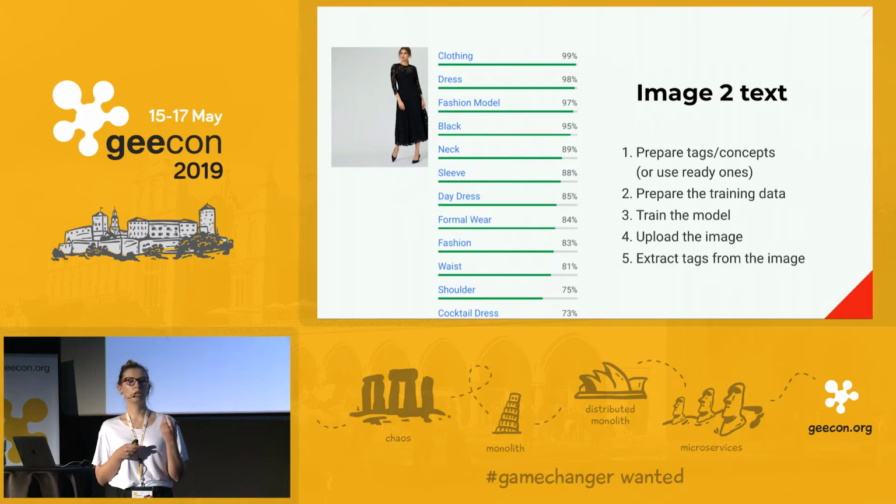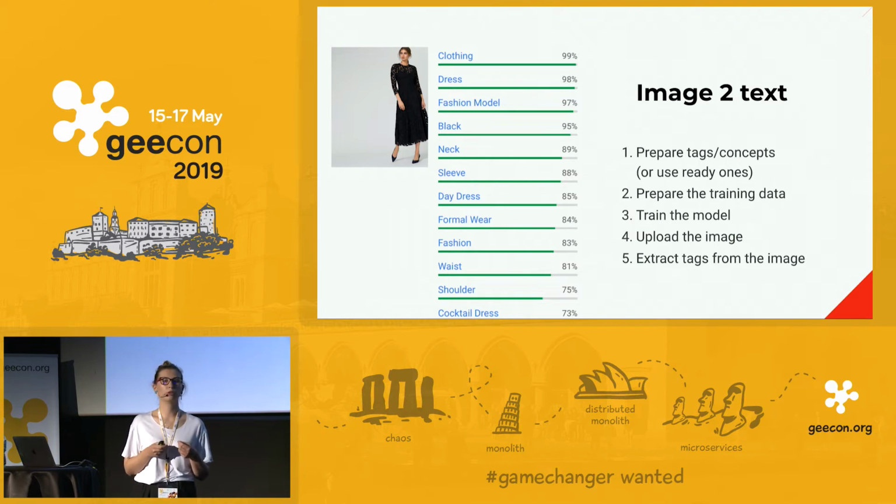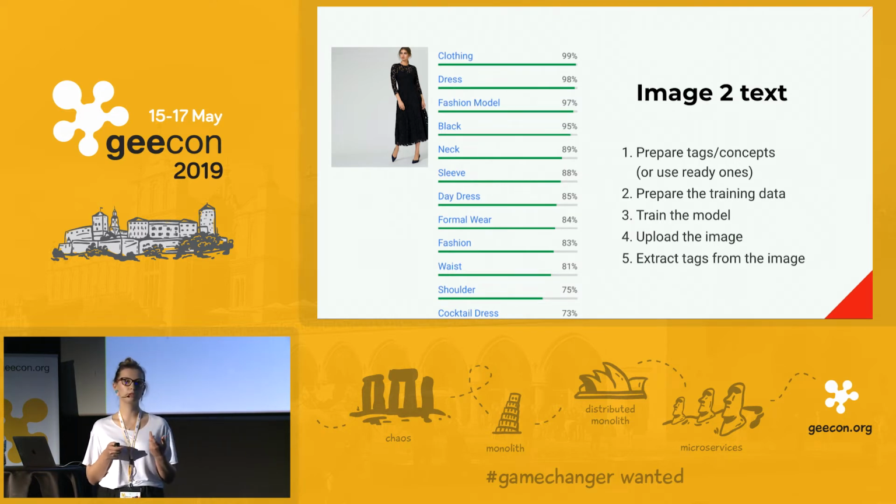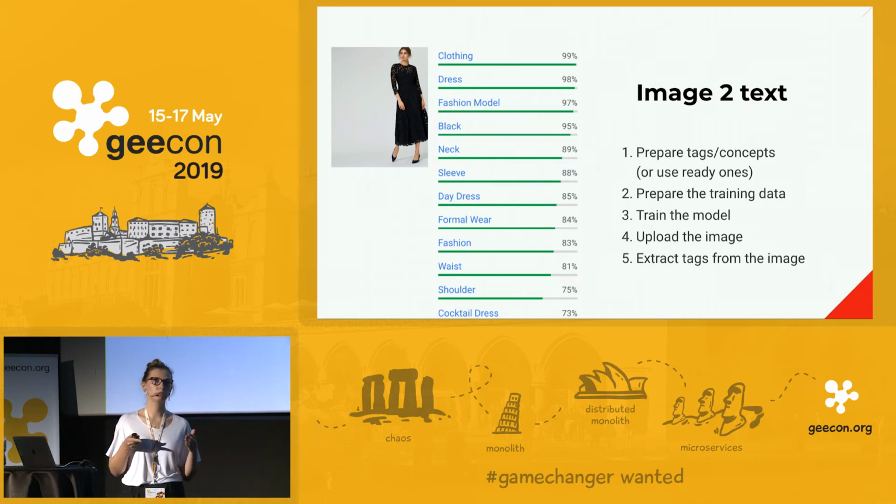So if you think about image to text, you basically take the picture and translate it to tags, to some labels. And if you want to create your own model, you just prepare the list of tags. Those are some concepts. Or you use the ready ones. If you use the ready ones, you can skip points 2 and 3, which are prepare the training data. You put all the images into the right folders, and then you train the model based on that.